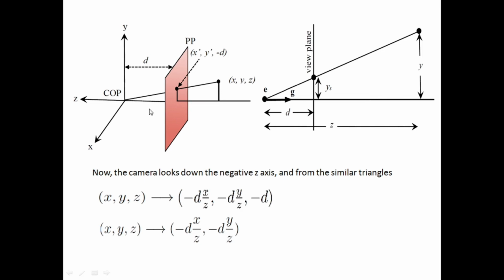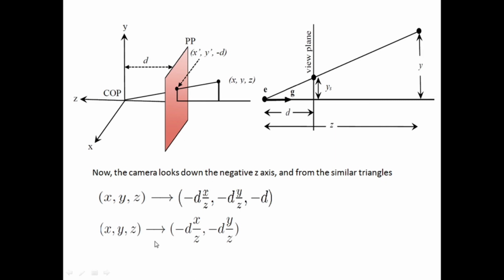Using the pinhole camera concept and similar triangles, the point x, y, z, which is a scene coordinate, is mapped onto the image plane as minus dx by z, minus dy by z.